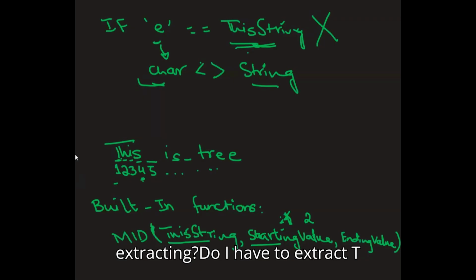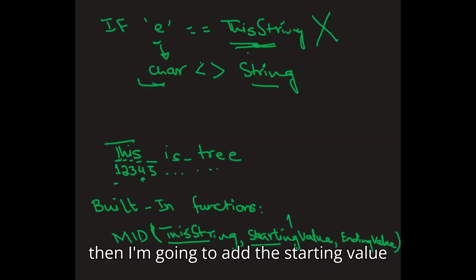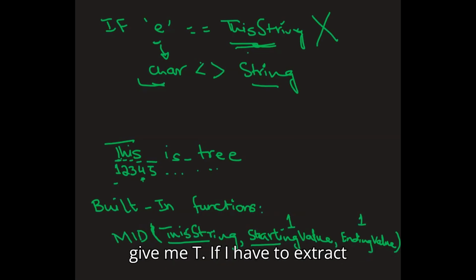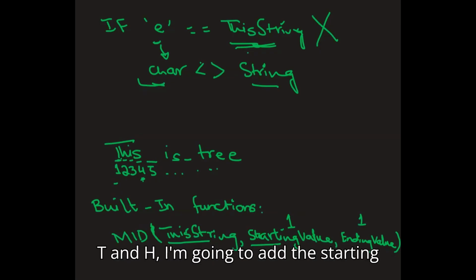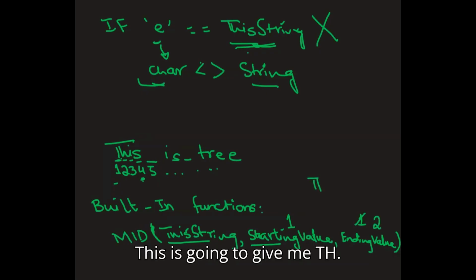Do I have to extract T only? If I have to extract T only, then I'm going to add the starting value 1 and ending value 1. This will give me T. If I have to extract T and H, I'm going to add the starting value 1 and ending value 2. This is going to give me TH.